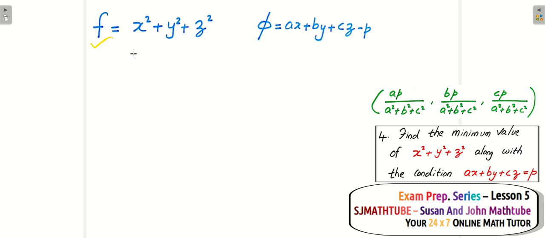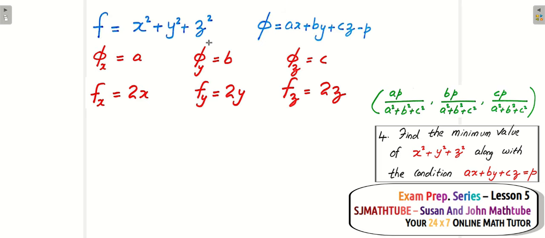So the given function and the condition. Now the partial derivative with respect to x, y, z for the condition, and then for the function. And I'll repeat once more, capital F will never be used after you find the stationary point.